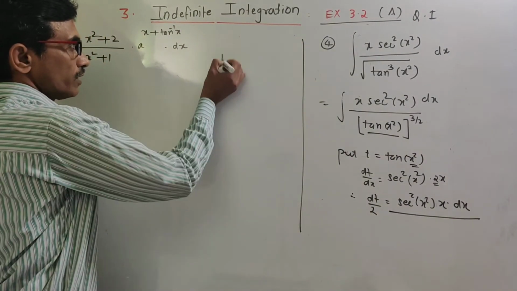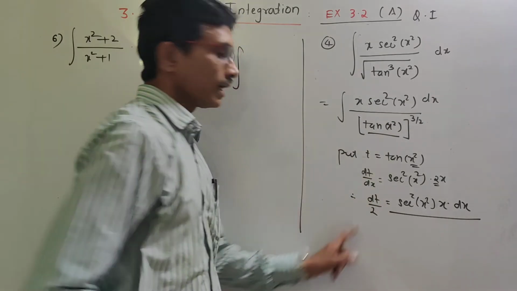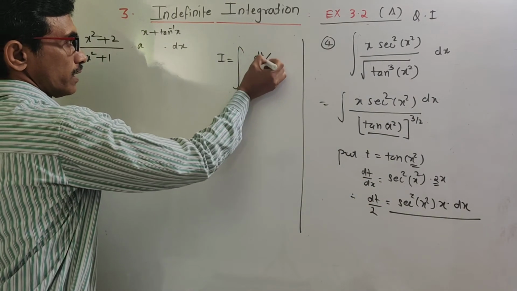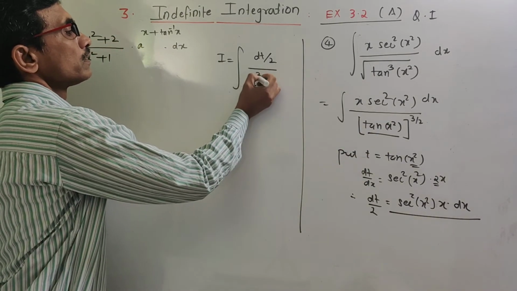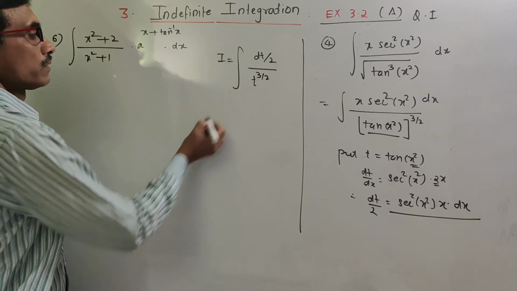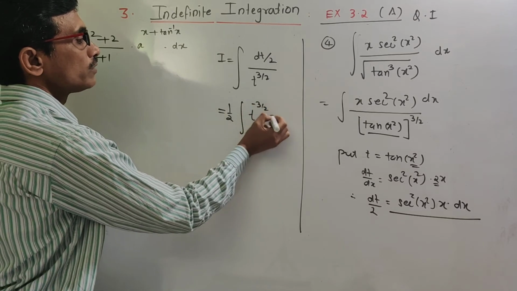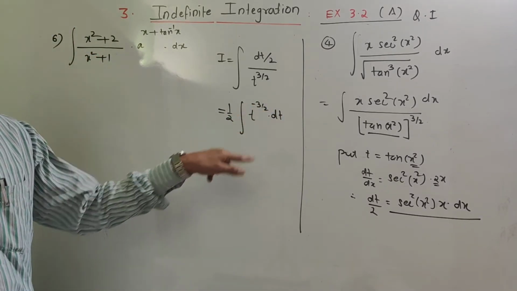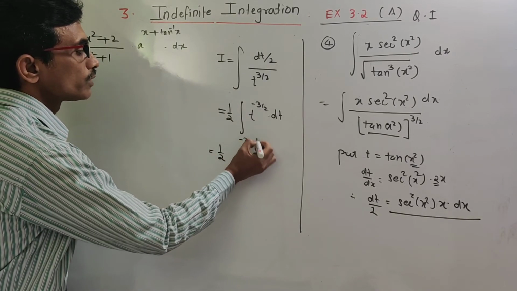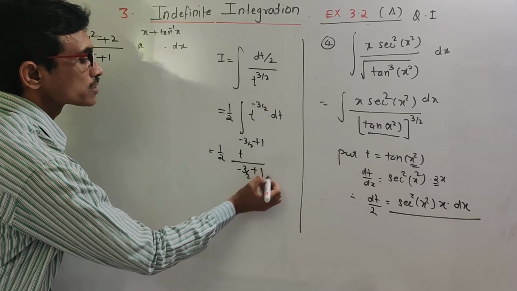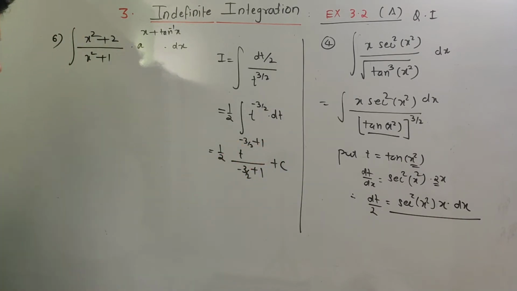So our integral I will be equal to, numerator will be dt upon 2, and denominator is t raised to power 3 by 2. t raised to power 3 by 2 will go in numerator, so 1 by 2 constant comes, integral t raised to power minus 3 by 2 into dt, and t raised to power n is n plus 1 upon n plus 1, so which is 1 by 2 t raised to power minus 3 by 2 plus 1 upon minus 3 by 2 plus 1 plus c. Minus 3 by 2 plus 1 is minus 1 upon 2.